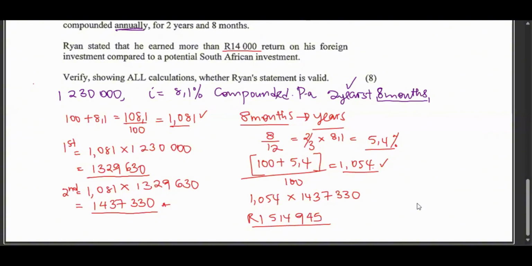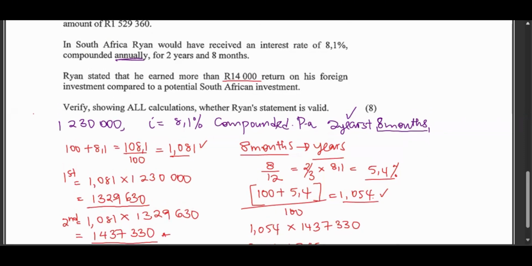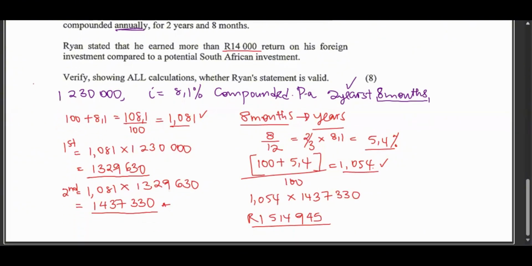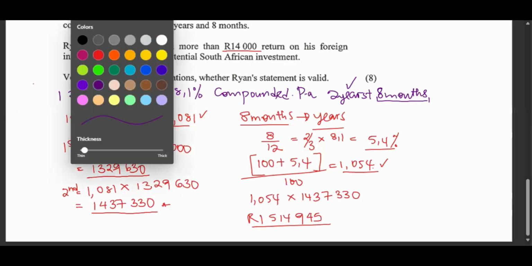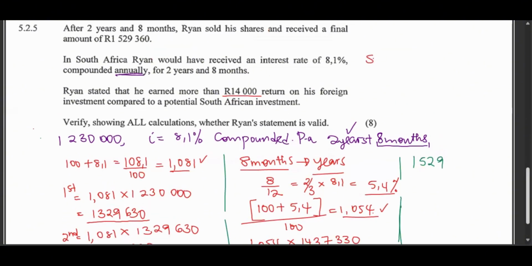We're going to get this money here, and we subtract the money he got. Abroad he has 1,529,360.